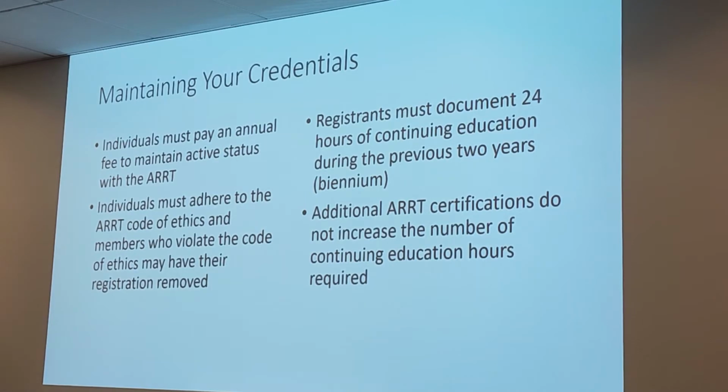In addition, you must document 24 hours of continuing education every 2 years. That is called your biennium. And that starts on your birthday, or your birth month, I should say. So, you have 2 years to get 24 continuing education credits.